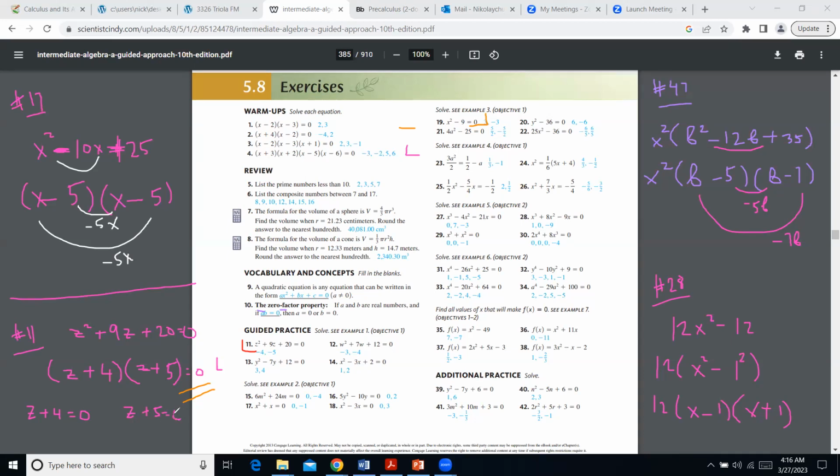And the reason why I'm doing it is because the product of two factors which is equal to 0 tells me that one of these factors must be 0. Because if both factors are not 0, then I never get a product equal to 0. So we get the solutions here, and one of them is z is equal to -4, and the other will be -5.